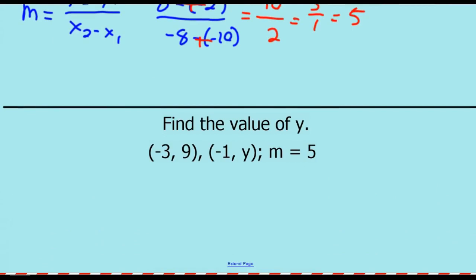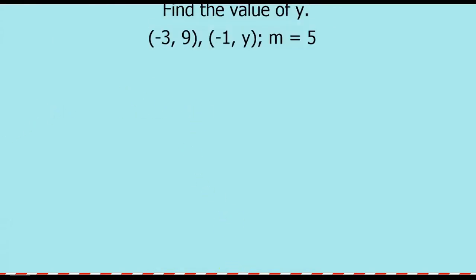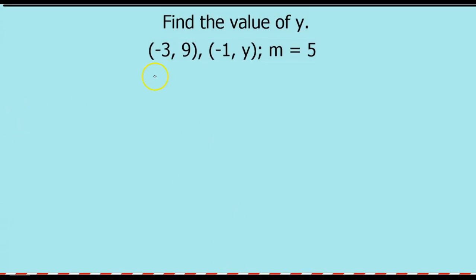Alright, this problem says find the value of y. So what we can do is put this into our equation. We know our slope is 5. So if we have 5 equals, we know this is x1 and this is y1. This is x2 and this is y2.